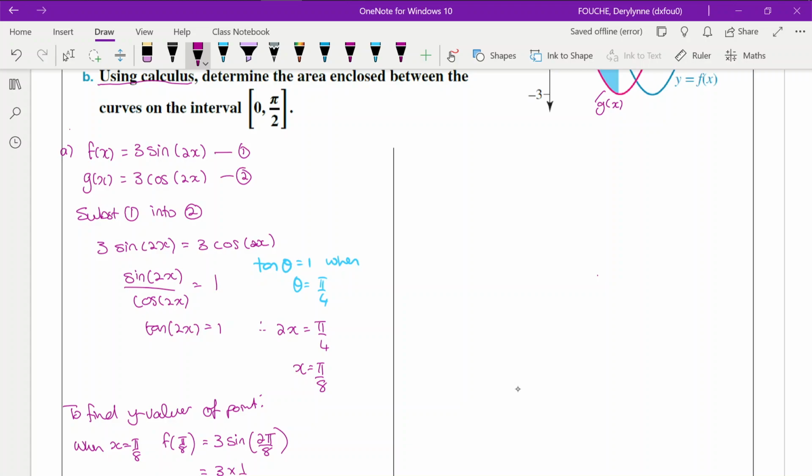Okay, so my point is pi on 8, 3 root 2 on 2.